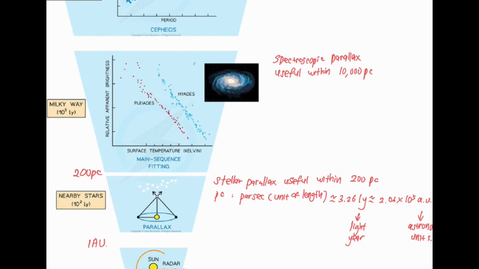Okay, then we also have a graph here: relative apparent brightness, surface temperature. So they record different kinds of stars and their brightness. No need to know in detail, just roughly only. Milky Way, then another method. Okay, now let's move on.